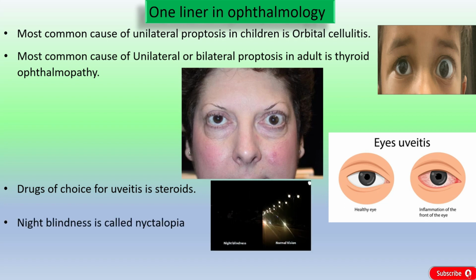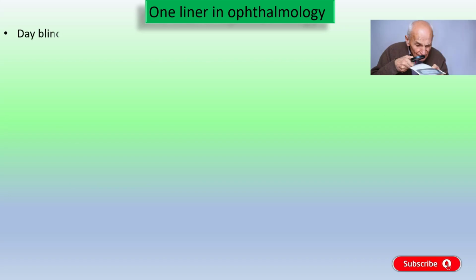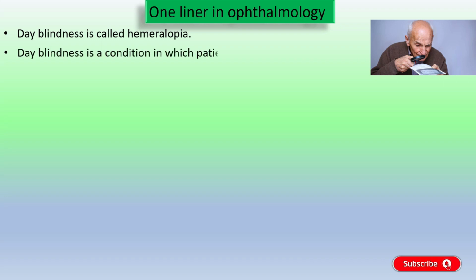Night blindness is called nyctalopia. Night blindness is a condition in which the patient has decreased vision in dim light or at night. Day blindness is called hemeralopia. Day blindness is a condition in which the patient has decreased vision in daylight or bright light.